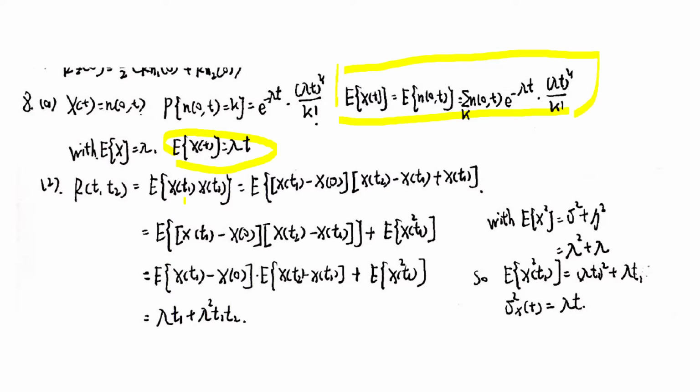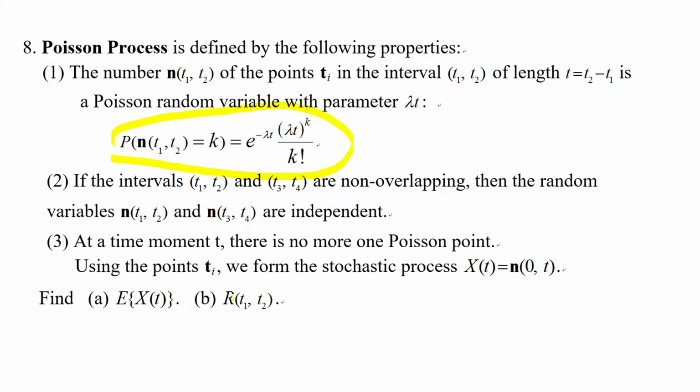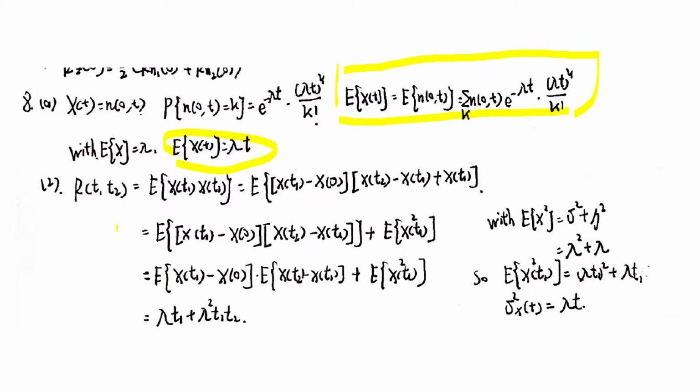The second is, we need to find the autocorrelation R(t1, t2). Just like the first question, we use the definition here. R(t1, t2) equals E[X(t1) multiplied by X(t2)].